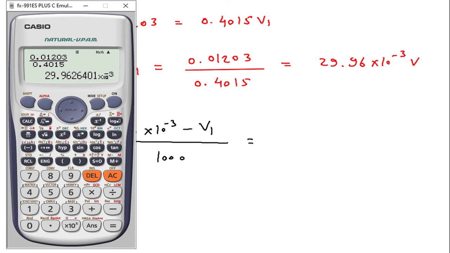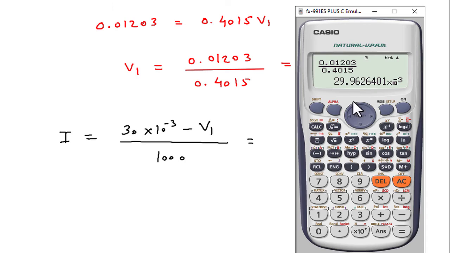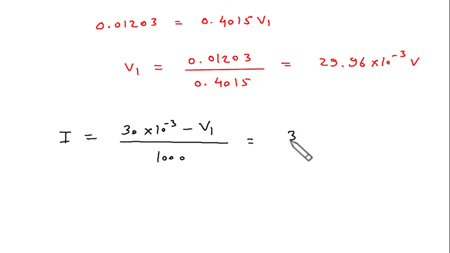This will be 30 into 10 raised to minus 3 minus the answer, which is this V1 value, by 1000. That gives 37.35 into 10 raised to minus 9. The unit of current is ampere.